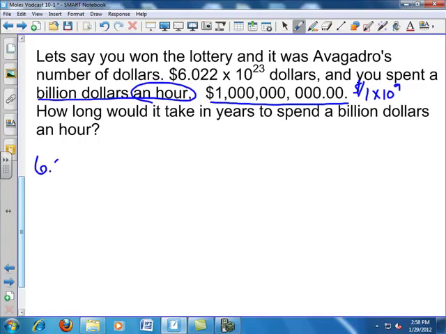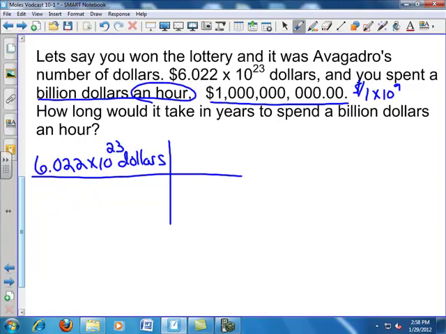So if you start this out, I have 6.022 times 10 to the 23rd dollars. What you're going to do is, for every 1 hour, you're going to spend 1 times 10 to the 9th dollars. That's $1 billion. I just didn't really feel like writing out all those zeros.